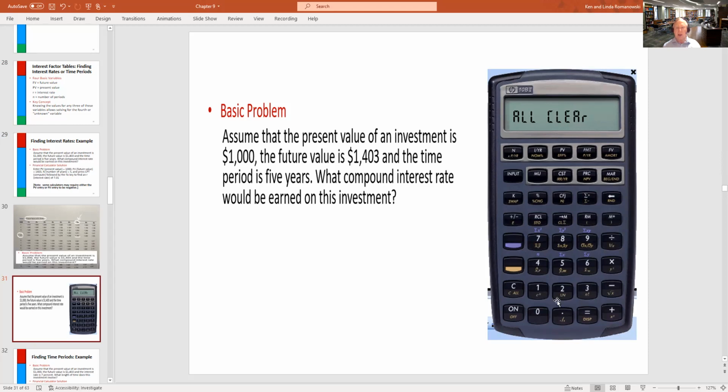You punch in 1,000. Now, with these calculators, when you are making an investment, the calculator looks at that investment as money going out. So any investment number going in has to be entered as a negative number.